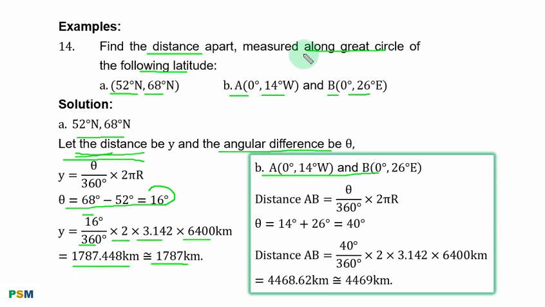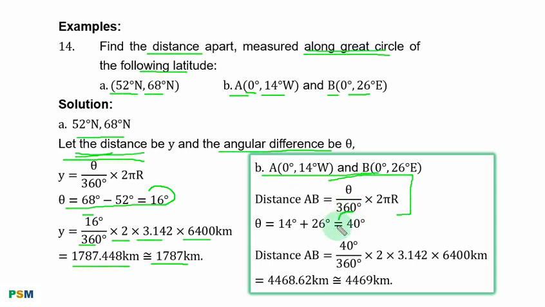B part of the question, you have the distance between A and B. Even without mentioning great circle in the question, the presence of 0 degrees means the equator, which is a great circle. So distance AB is obtained using this formula. The angular difference is through addition because the 2 points have the same latitude but different sides of the prime meridian.